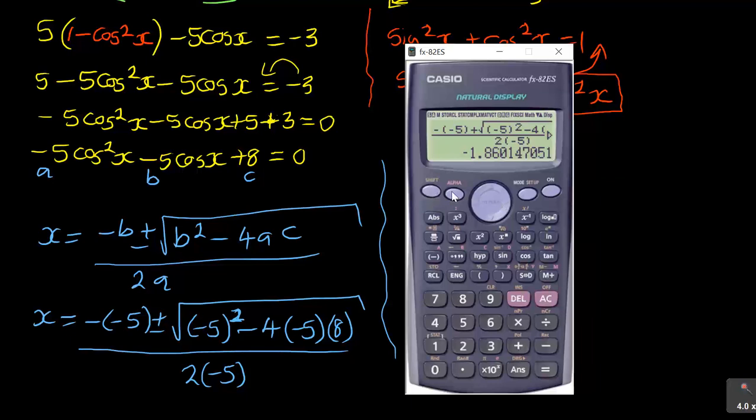You can do shift setup, 6, which is fixed to 3 decimal places, press equals, and it is minus 1,860.